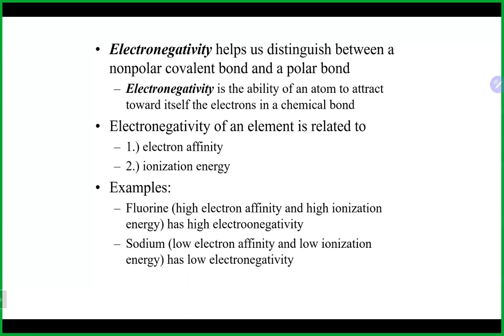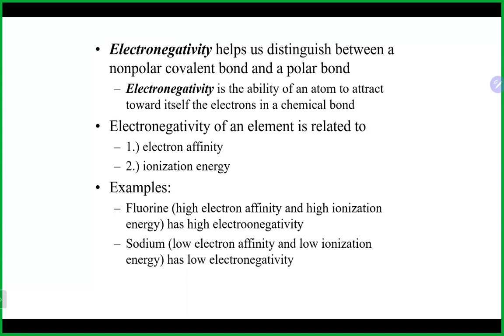And electronegativity is related to the electron affinity and the ionization energy. Fluorine has a high electron affinity, which means it likes to gain electrons, and it has high ionization energy, which means it doesn't like to give away its electrons, so it has a high electronegativity.